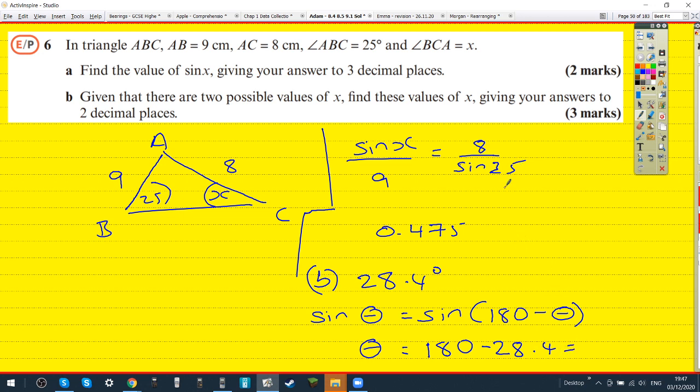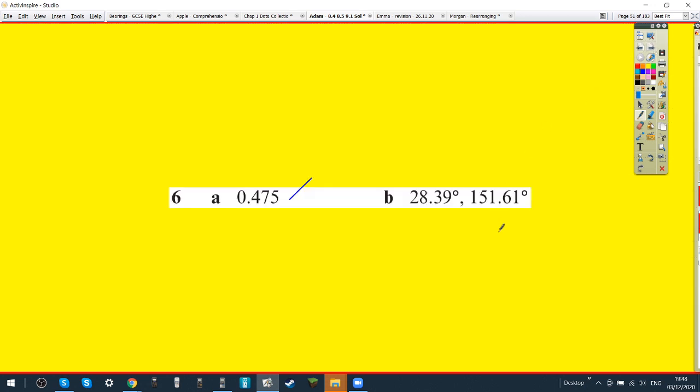Okay. So it'd be 180 minus 28.4. Yeah. And we'll do this much more for solving trig. Which is 151.6. So let's say 152 or whatever. 151.6. There we go. Great.